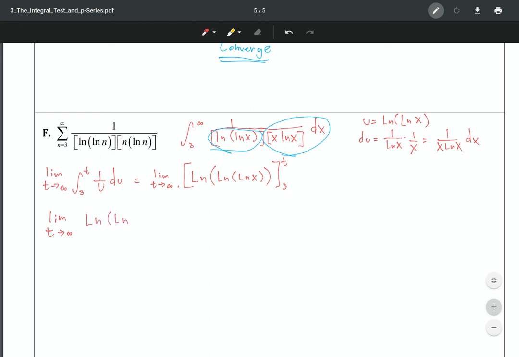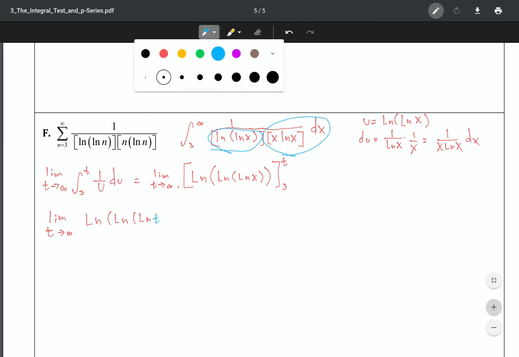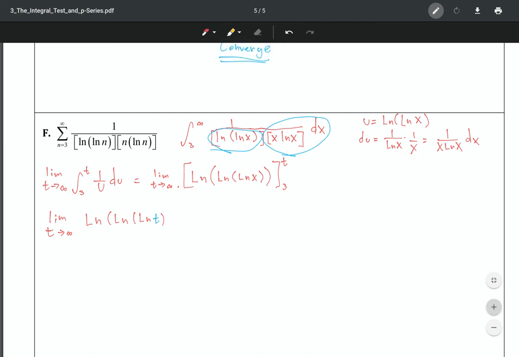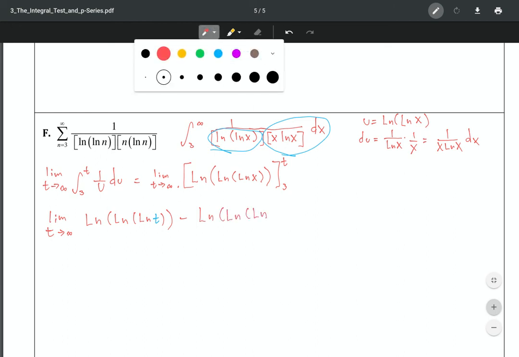The natural log of the natural log of the natural log of x, minus the natural log of the natural log of the natural log of 3.